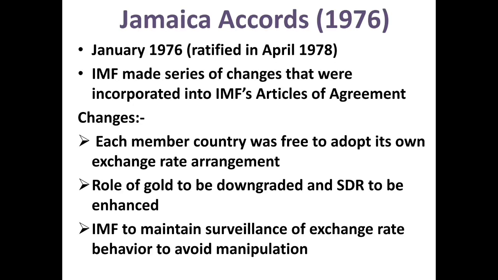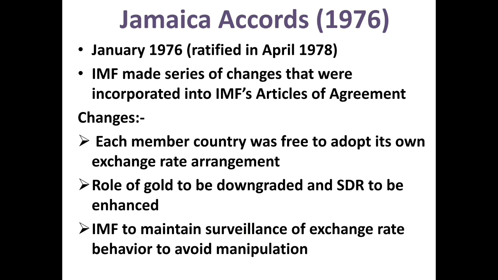After the Smithsonian Agreement, we have the Jamaica Accords of 1976, in which the IMF made a series of changes that were incorporated into the IMF's Articles of Agreement. In the Jamaica Accord, each member country was free to adopt its own exchange rate arrangement.